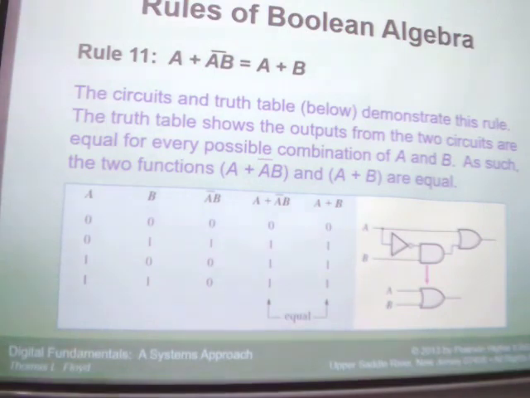The circuits and truth table demonstrate this rule. The truth table shows the outputs from the two circuits are equal for every possible combination of A and B. Thus, the two functions are equal.